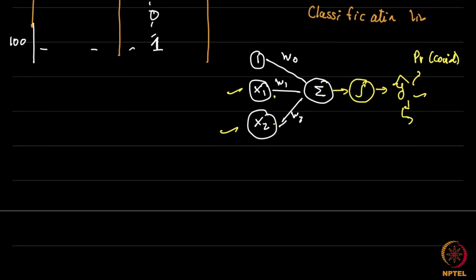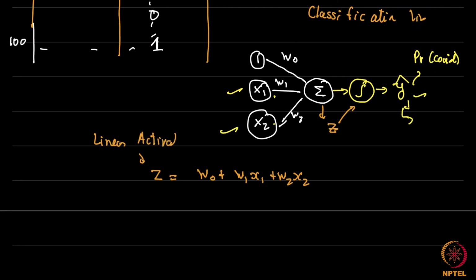And how does this look? The output here, let's say, is Z, and Z is what goes in here. So Z is W0 plus W1 X1 plus W2 X2. This Z I'm going to call, as usual, the linear activation, or a linear combination, or a linear portion of the neuron.